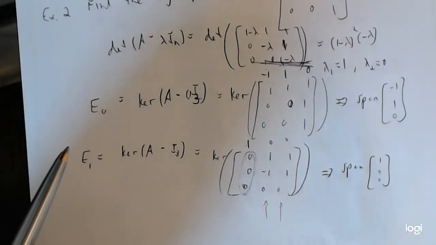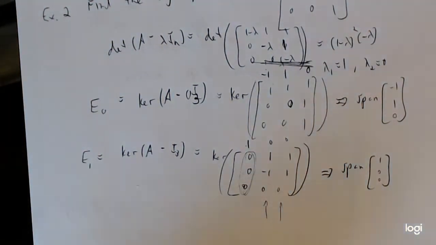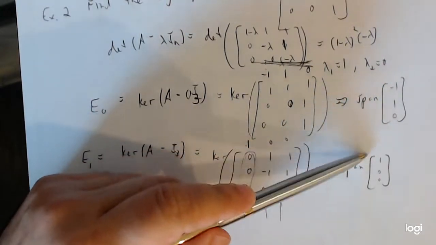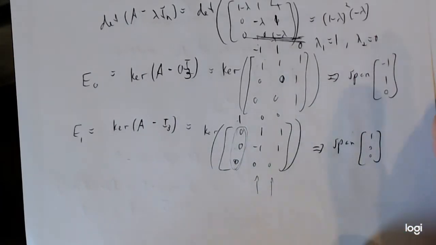So what do we notice here? I'm in R3, but how many eigenvectors did I find here? I found 2 of them. So what does that mean about matrix A? We don't have an eigenbasis, and therefore it's not diagonalizable. Remember how we kind of talked about that for the first example?